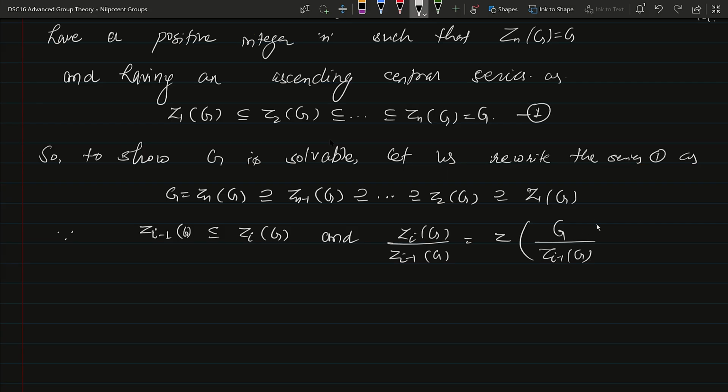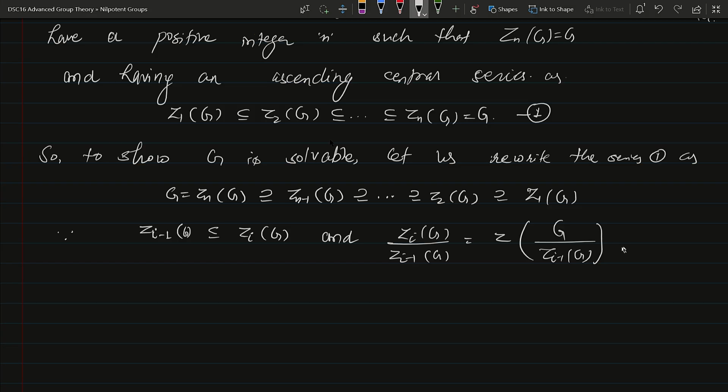We know that the center of any group is always an abelian group, so this quotient group is abelian. And moreover, since we are talking about a quotient group, this Z(i-1)(G) is a normal subgroup in Zi(G).